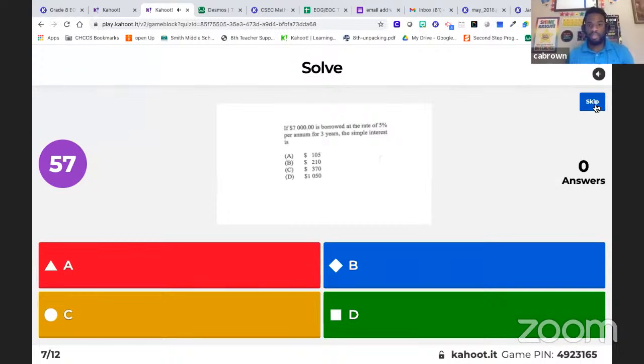If $7,000 is borrowed at a rate of 5% per annum for 3 years, what is the simple interest? So remember, simple interest is principal times rate times time, divided by 100.